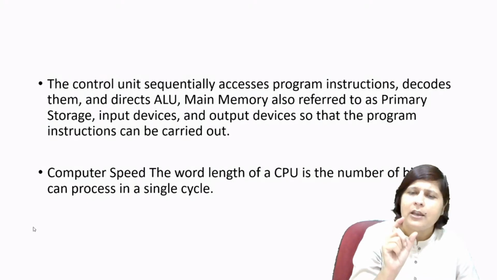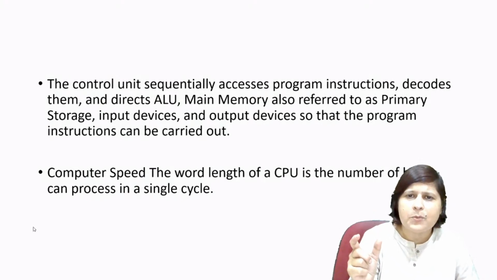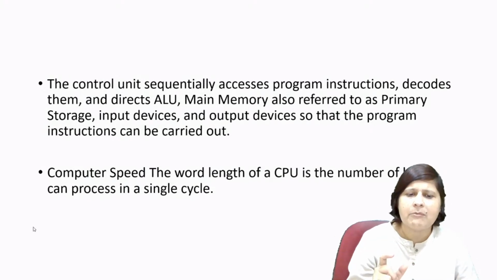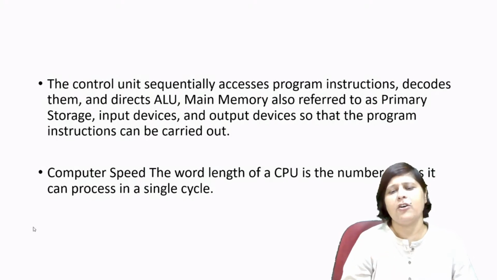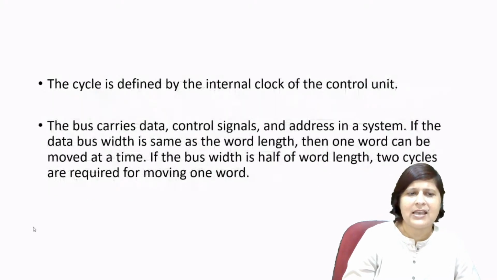What does it mean? It means that it can compute 32 bits in one cycle, or 64 bits in one cycle, or 128 bits, or 256 bits in one cycle. So what is computer speed? The word length of your CPU is the number of bits it can process in a single cycle.